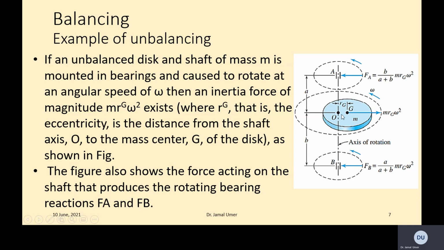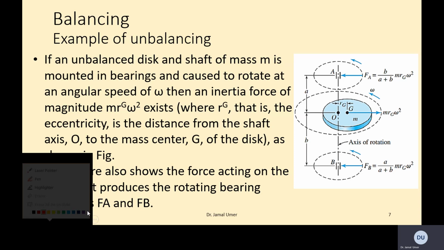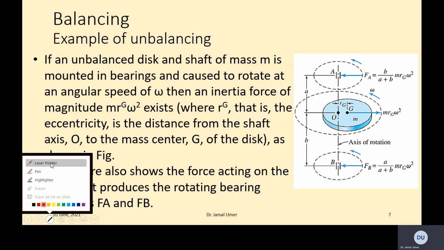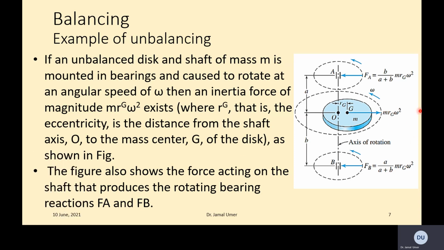So this point of the shaft is moving in each direction basically. So you have to-and-fro forces, and of course, when the force is on this side, you get the bearing force on that side.